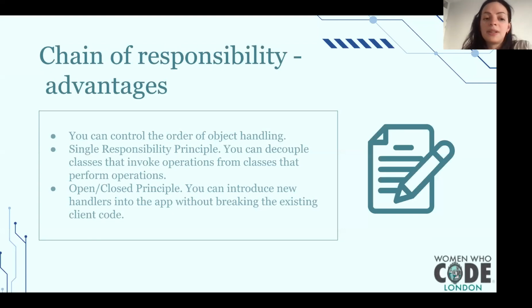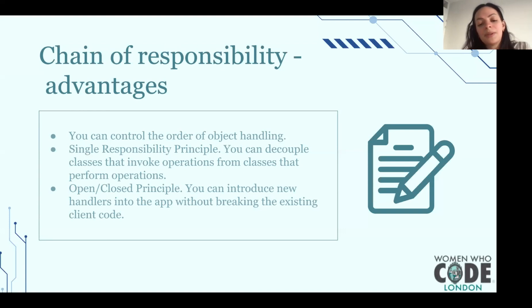Chain of responsibility. The advantage is that you basically control the order. You can strictly say that this is the first step, this is the second step. Single responsibility: decouple classes that perform operations from classes that invoke operations.